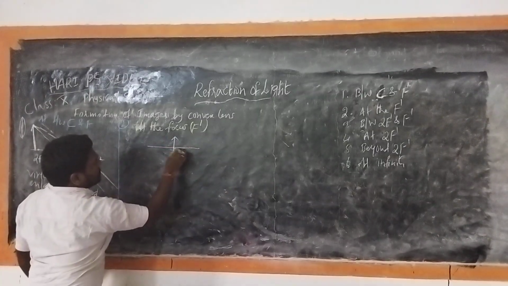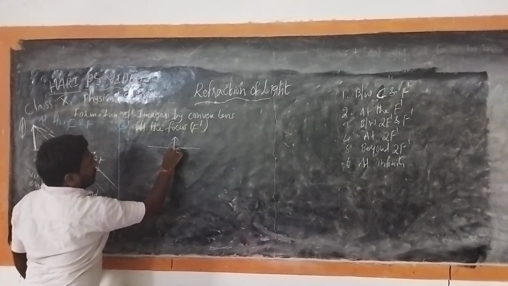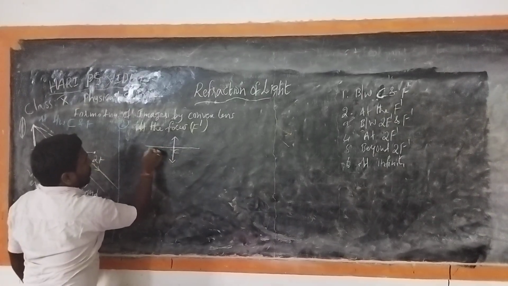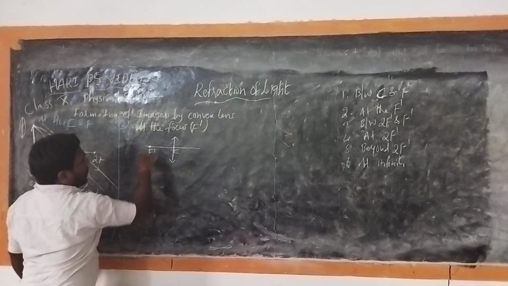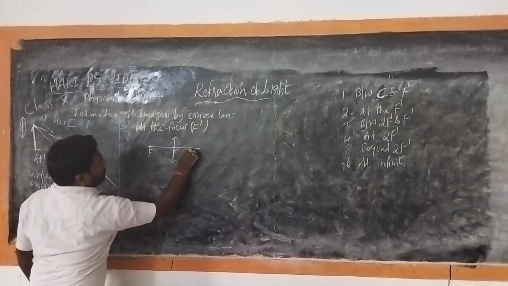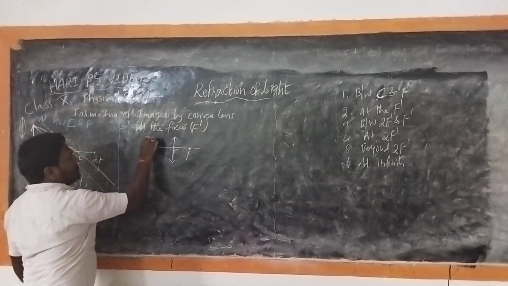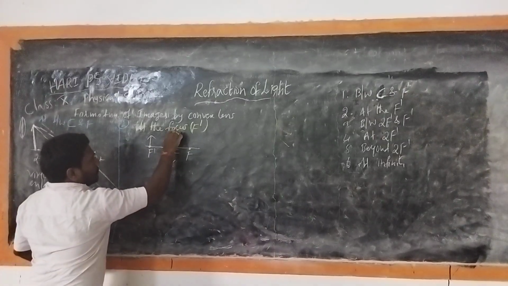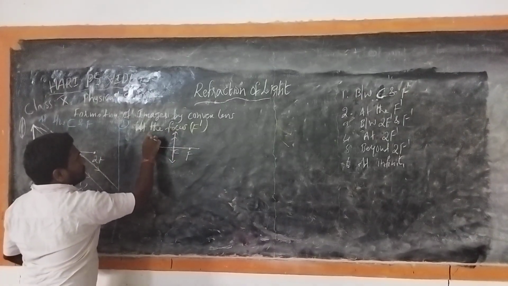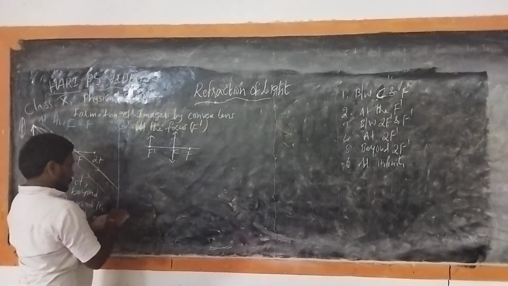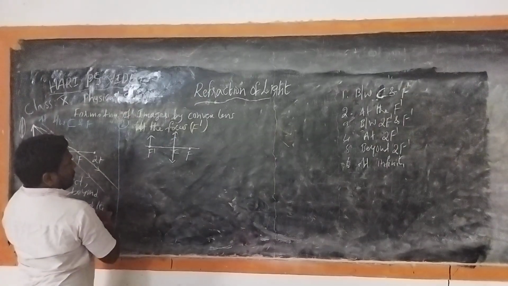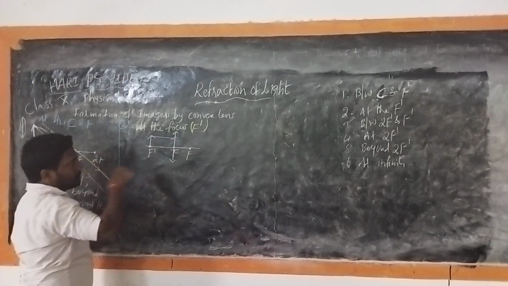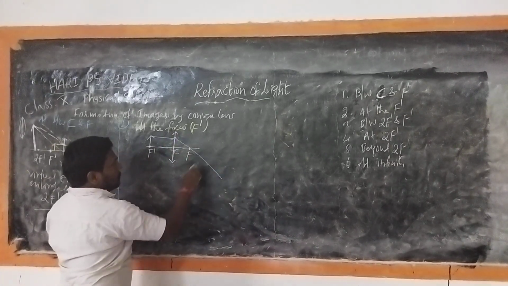So principal axis, optic center. See here, for understanding we have done like this. F dash, so here F, the object is here. So the first ray is parallel to the principal axis, passing through the focus.